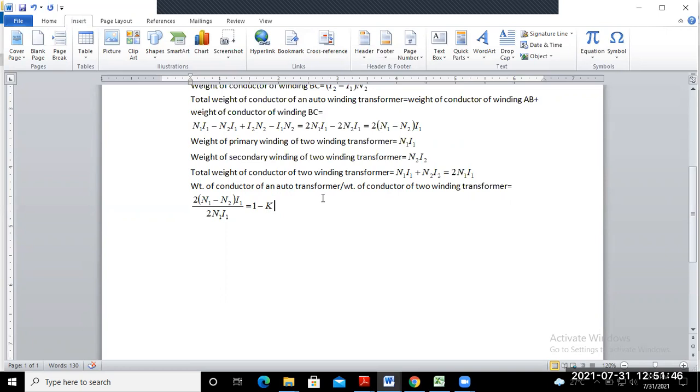So if you want to find the weight of conductor of an auto transformer, equal to how much? 1 minus K times weight of conductor of two winding transformer.